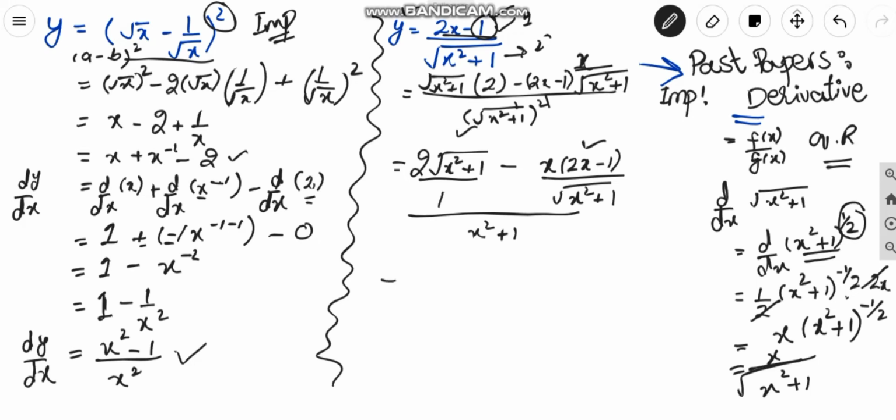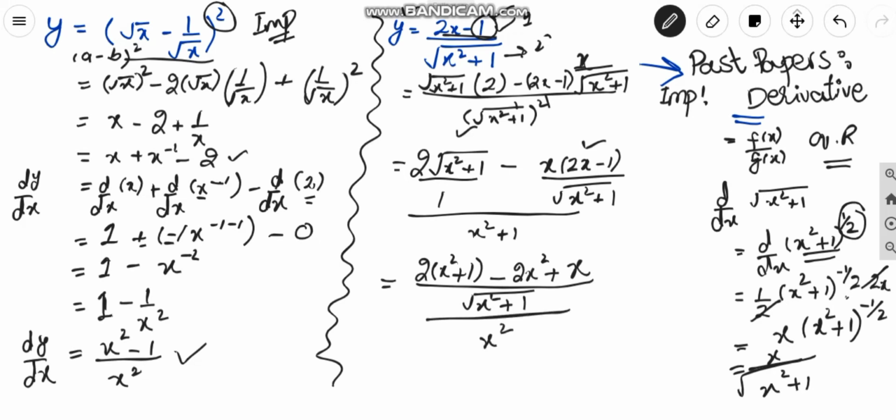So by solving them we can write square root x square plus 1 times 2 into (x square plus 1) minus 2x square plus x over x square plus 1.